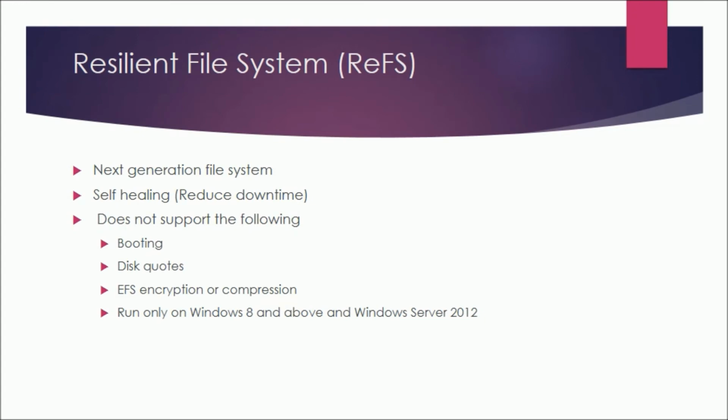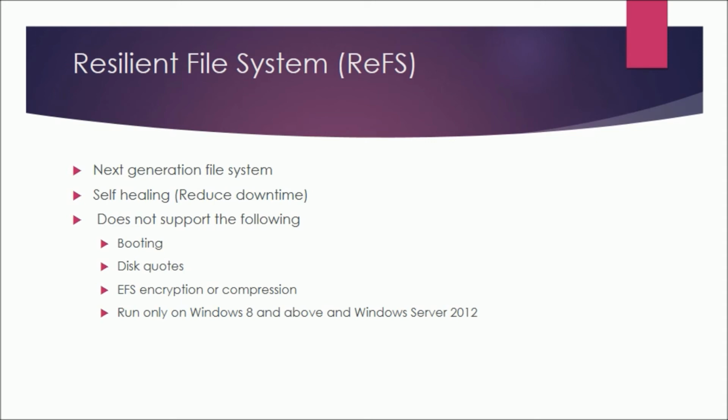The next new feature is the Resilient File System, or ReFS. This is referred to as a next generation file system with the aim to replace NTFS. This helps reduce the chance of corruption in metadata. The metadata is the information that Windows uses to locate your data on the hard disks.